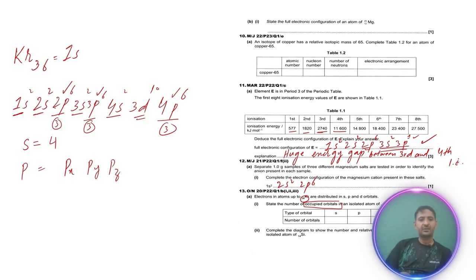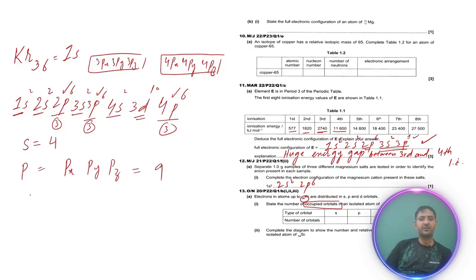Like I'm writing it: 2px, 2py, 2pz and 3px, 3py, 3pz and 4px, 4py and 4pz. So 3s and 3p6. Here we have 3px, 3py and 3pz, 3 p orbitals, plus this 2px, 2py. So there are only 9 p orbitals.